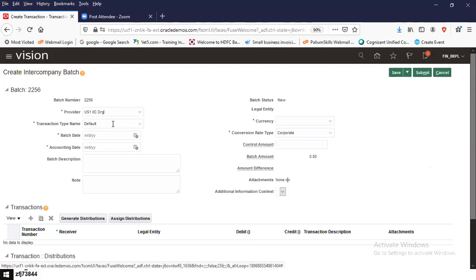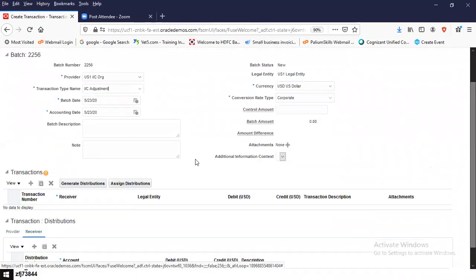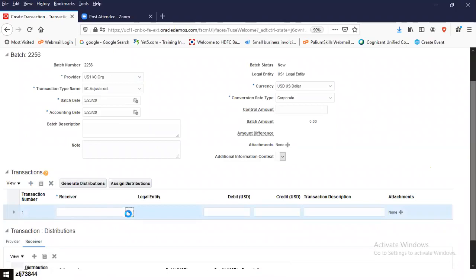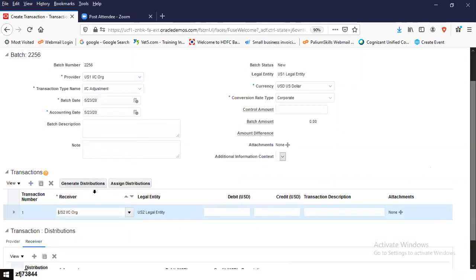Then the transaction intercompany adjustment date can be today's. So this time we are using the US1 intercompany. So the corresponding entry, the receiver, would be US2.